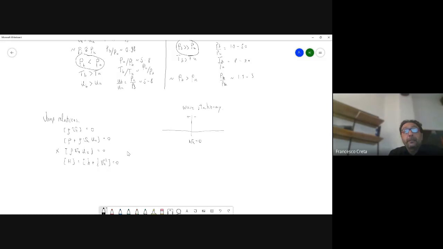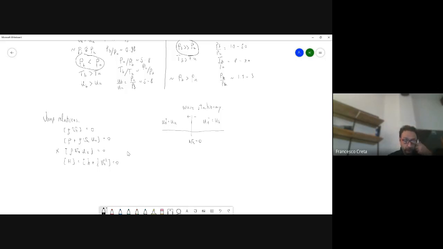We have a plus and a minus side, respectively indicating the unburnt and burnt side, the fresh and burnt side. So we have a normal velocity on the plus side, which we have defined as u, the unburnt, and then the normal velocity on the minus side, we called it ub, the burnt side.